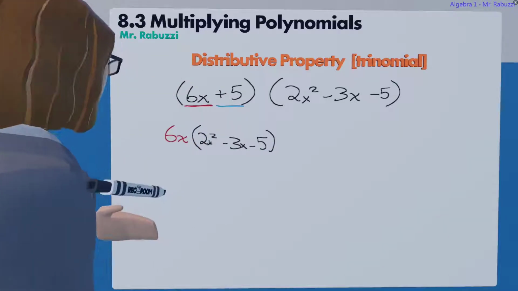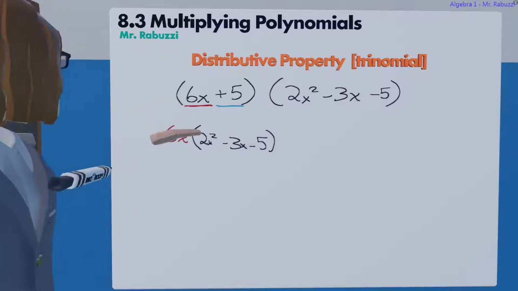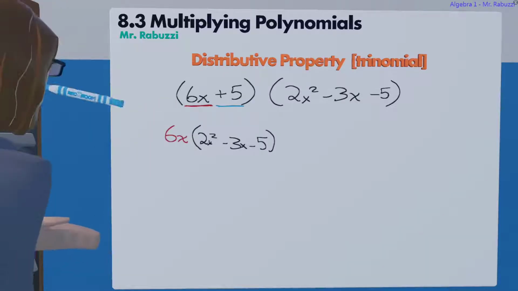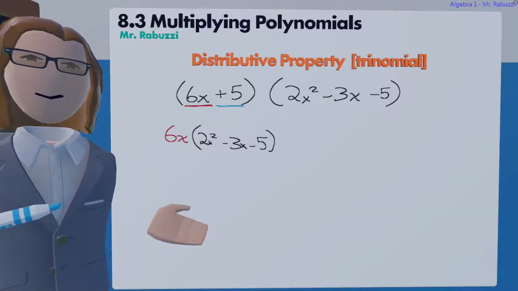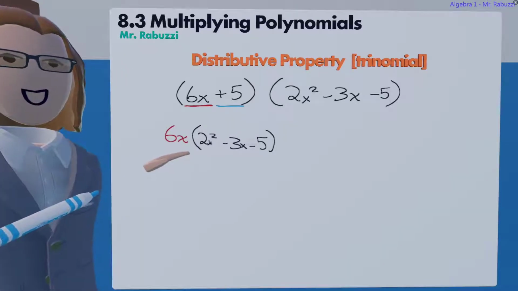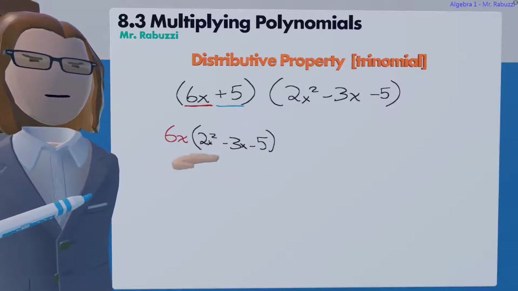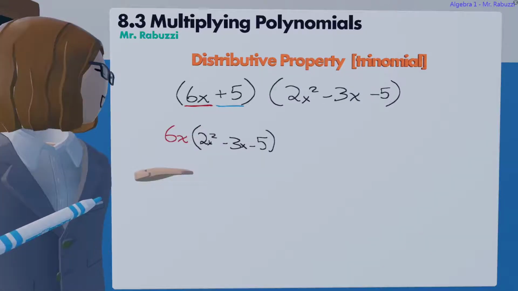Okay, now I'm going to do my blue term. So right now, I'm distributing the pieces of the first term. The 6x is now going to distribute. Now I need to do it with the 5.